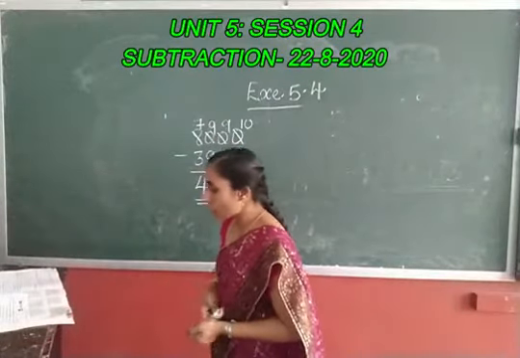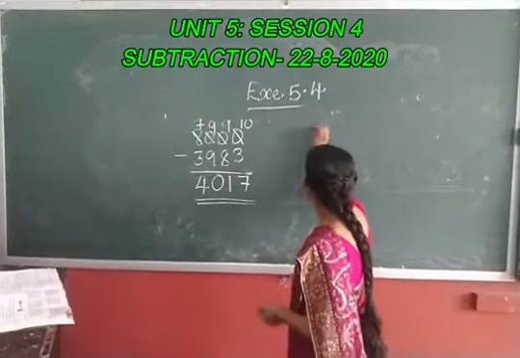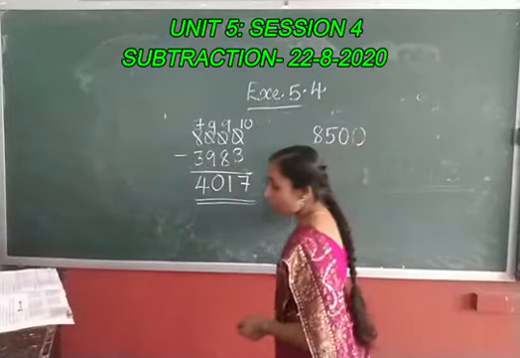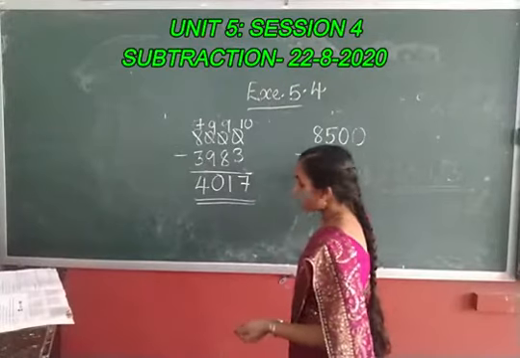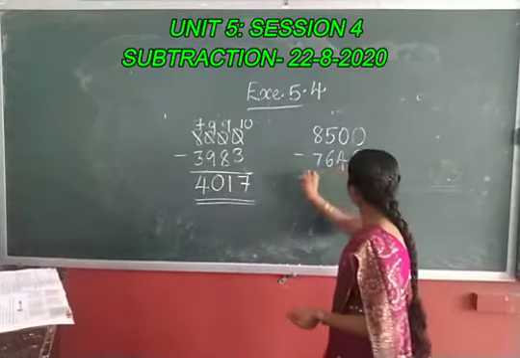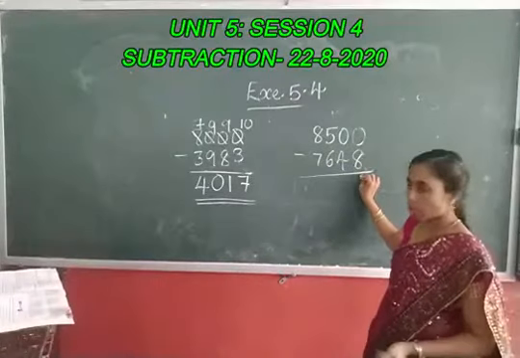Okay, next one: 8500 minus 7648. 10 minus 8.